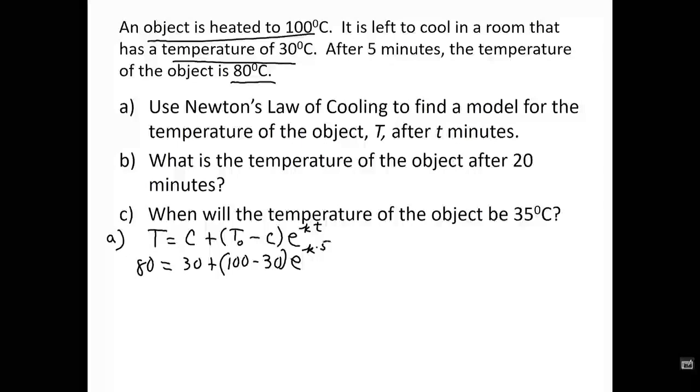And now let's simplify. So we have 80 is equal to 30 plus 100 minus 30, 70 times e to the 5k.